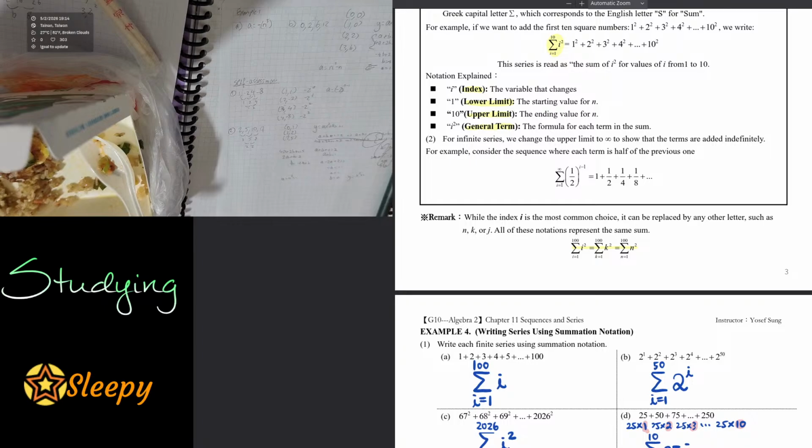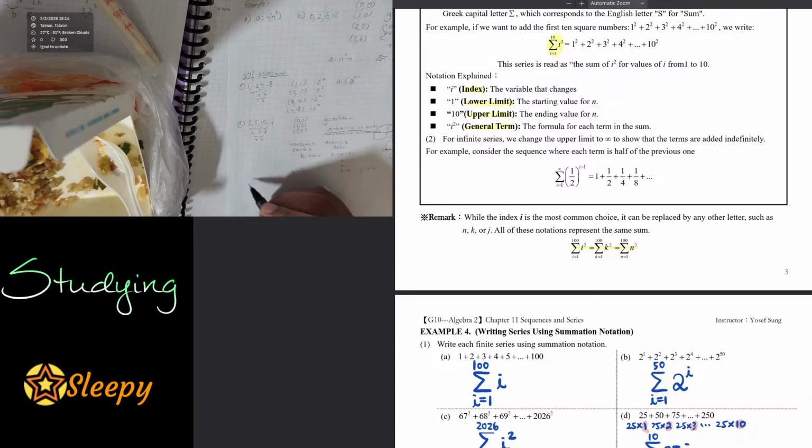So example 3. So 1, 4, 9, 16, 25, right?